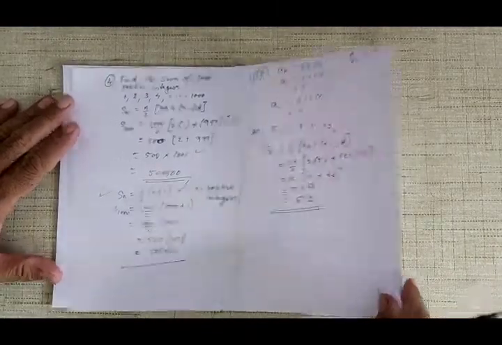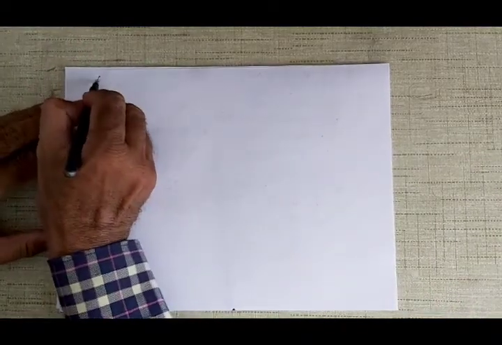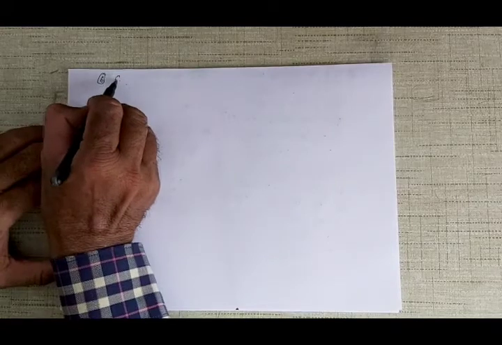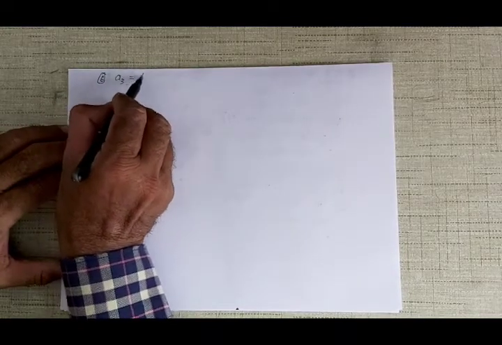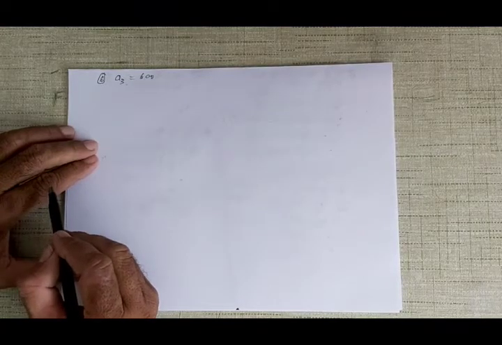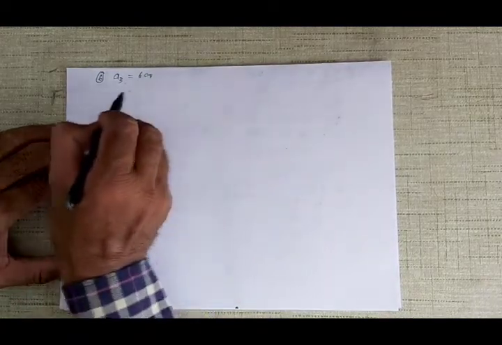Okay. Now there is another question out here, which also I need to do. Sixth one says that a manufacturer of TV sets produces 600 sets in the third year. Third year means a of 3 is 600. A manufacturer produces 600 TV sets in the third year, 700 sets in the seventh year.